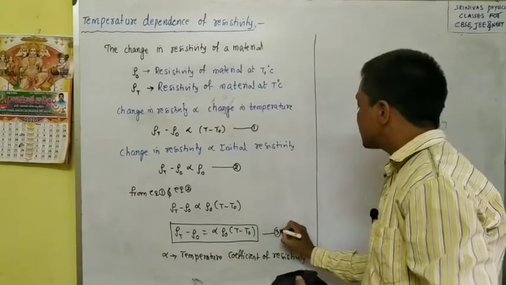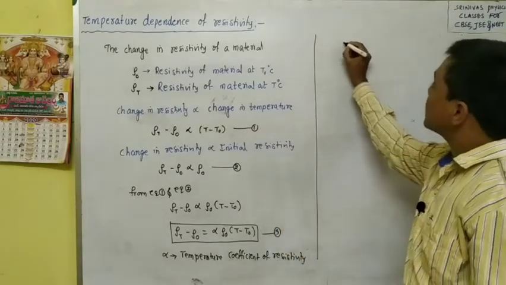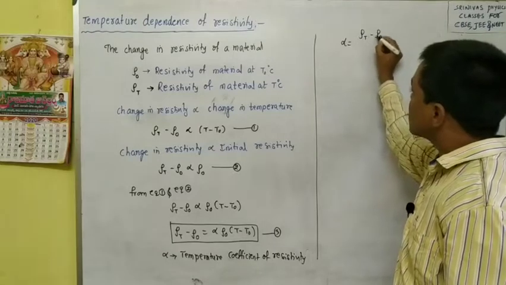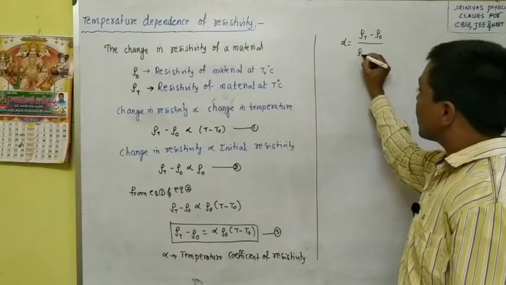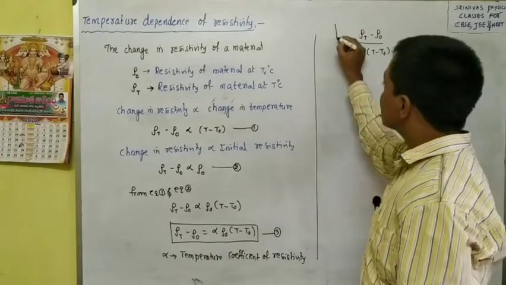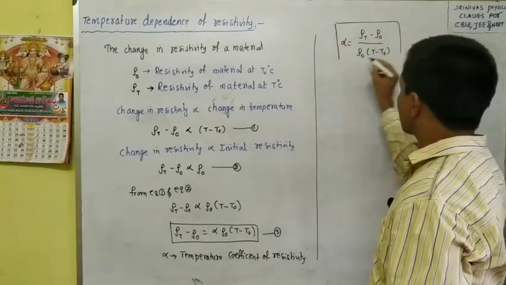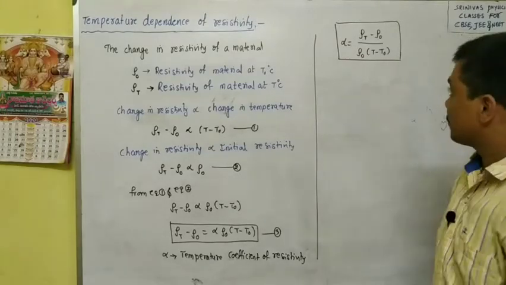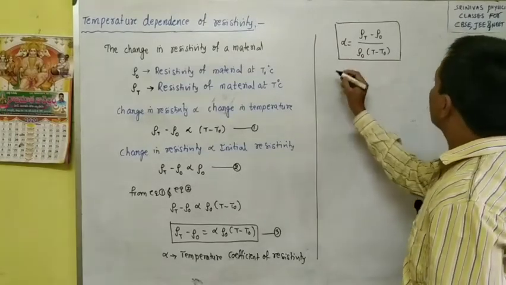This is equation 3, and from it alpha equals rho T minus rho naught divided by rho naught into T minus T naught. This is the formula for alpha.